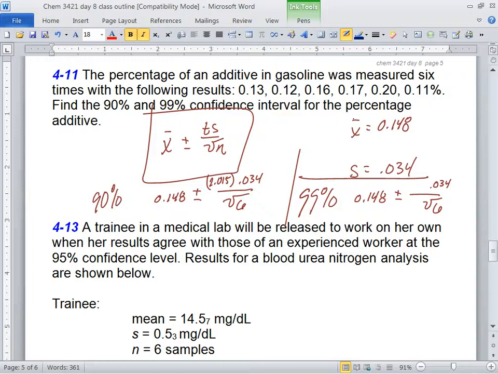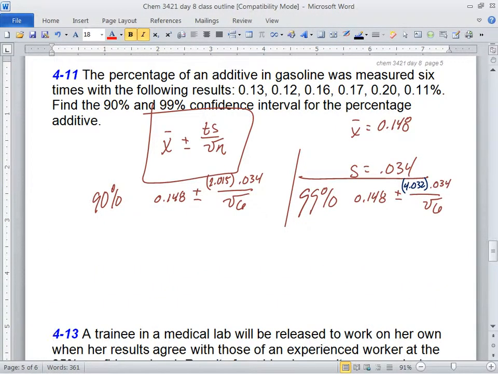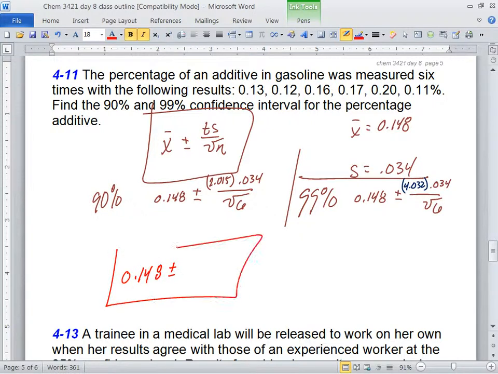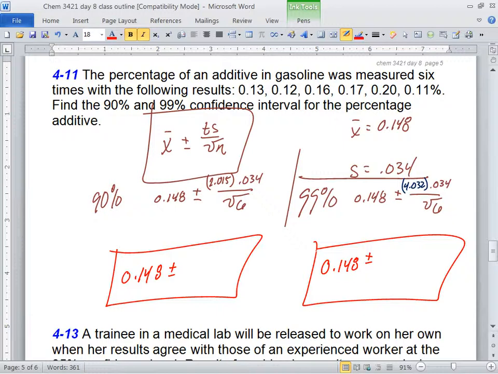I see 4.032. Do you see 4.032? Yeah. It should be 4.032. So we've got to calculate our answers there.